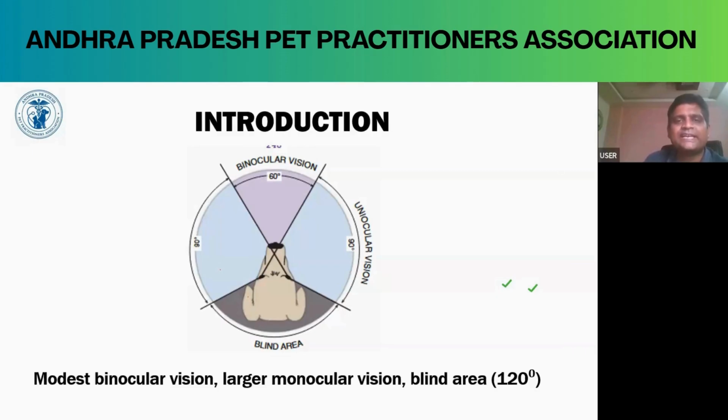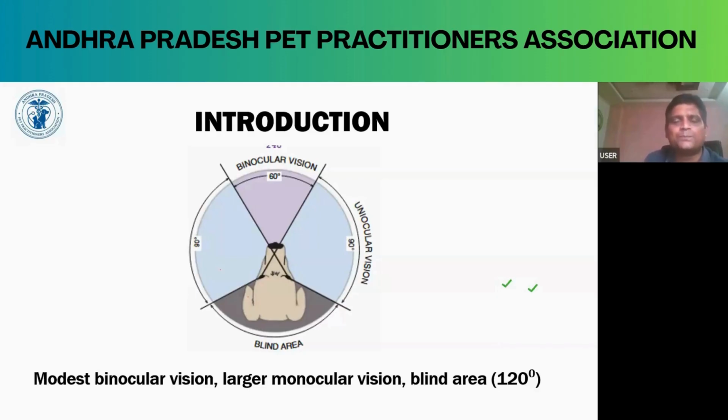So that's why even in dim light, they will easily detect moving objects. Mainly they detect the motion and the shape. So even in dim light, they will clearly observe. But the disadvantage in canines is they lack color vision, because the cone cells are very, very less present on the retina when compared to human beings. So they can't differentiate the different colors.